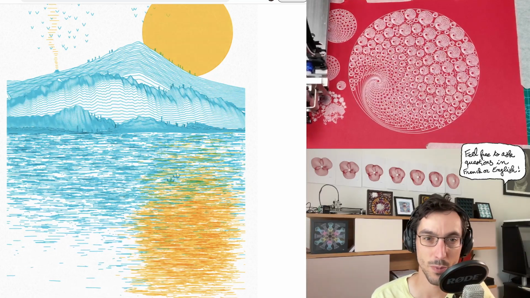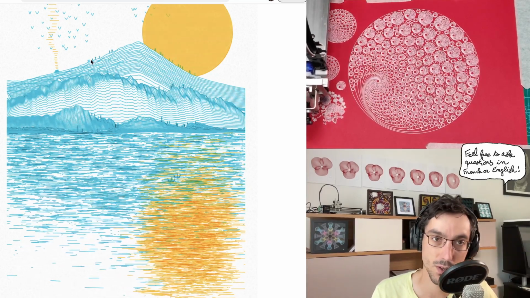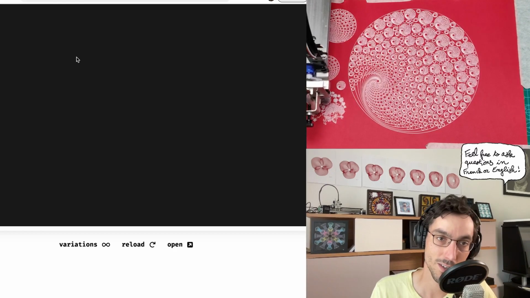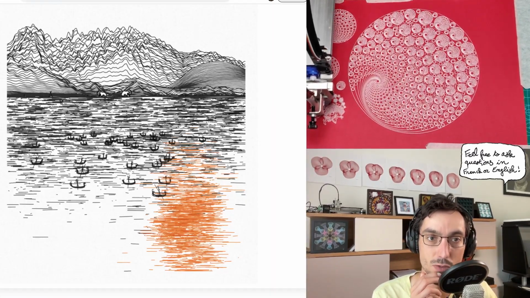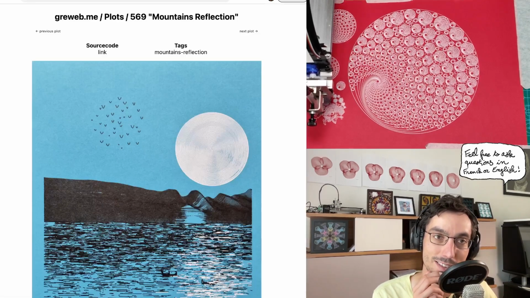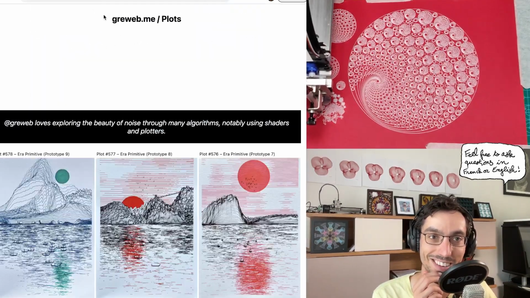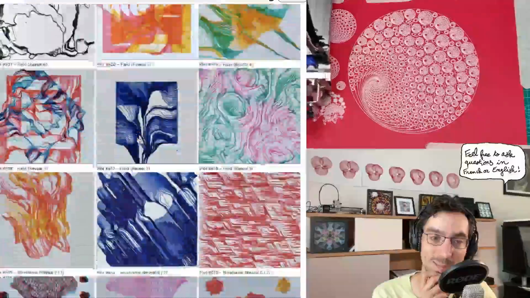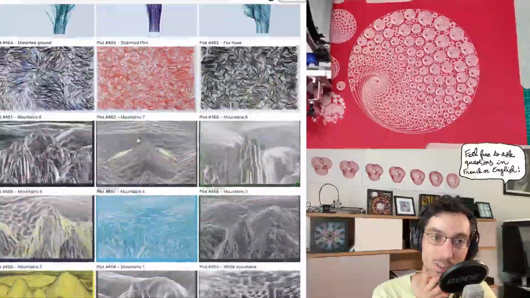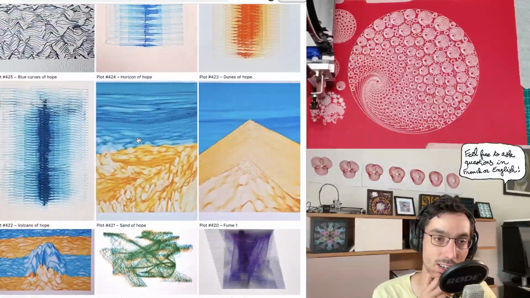And I did a bunch of A3 plots that were using only these two colors. And that's why I saw that, oh, it blends to green. I mean, I knew, but I think we can see them in my history. Yeah, here.